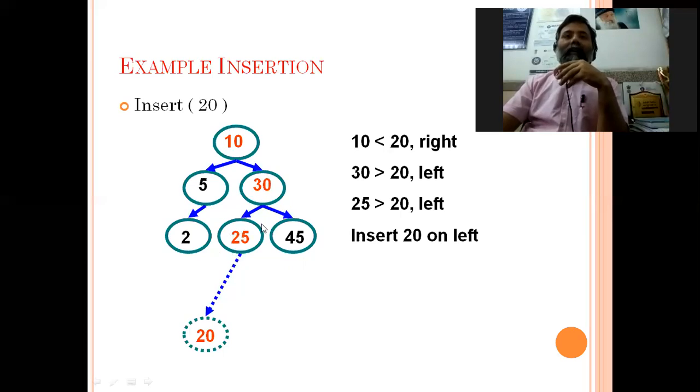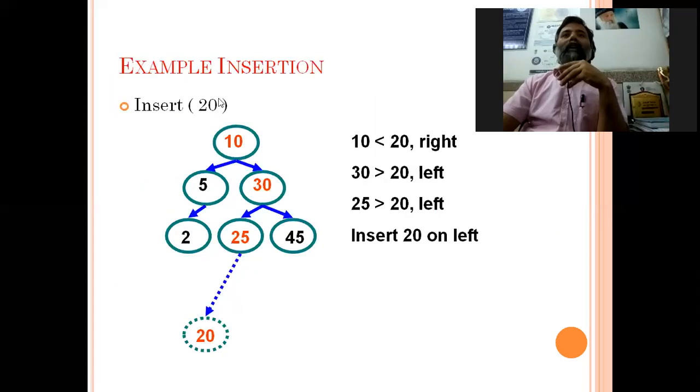Again, less than 25, we will go left. So here the search is completed. 20 is not found in the binary search tree, so that's why we will insert here. 20 is less than 25, so it will be the left child of 25.